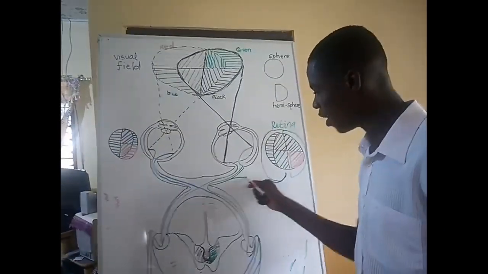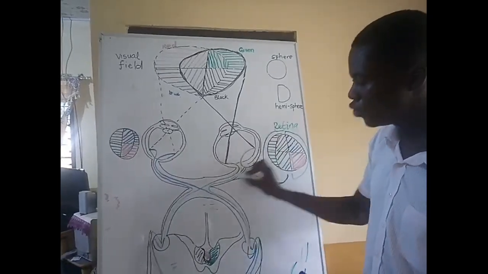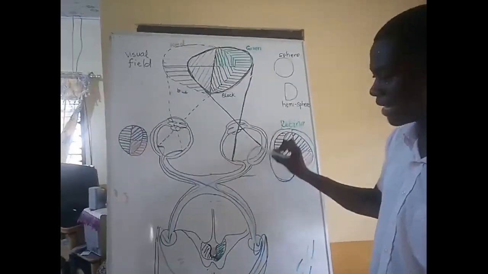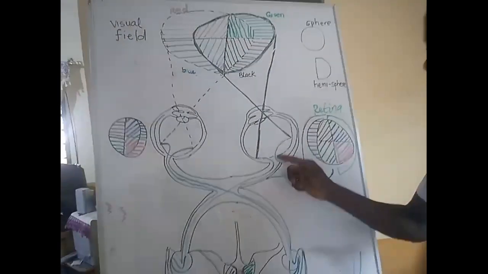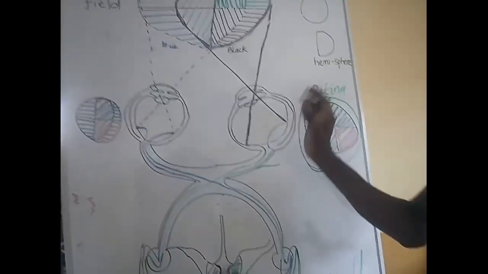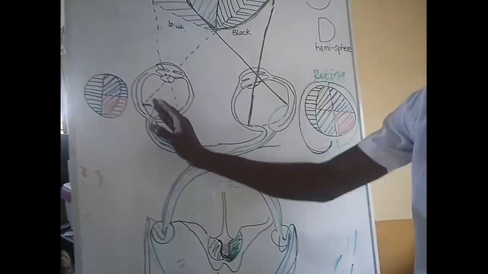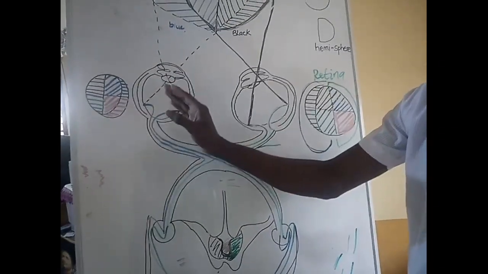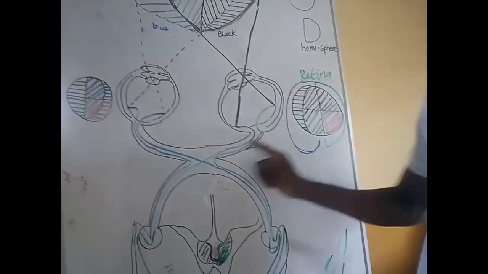So what we see here is the optic nerve, but then the information is going to go through the optic nerve according to how it was taken from here. So at this point, the green color represents the info that was picked up from the retina of the right eyeball, and then this represents the info that was picked from the left eyeball. So let's just look at one part, which is the green part.